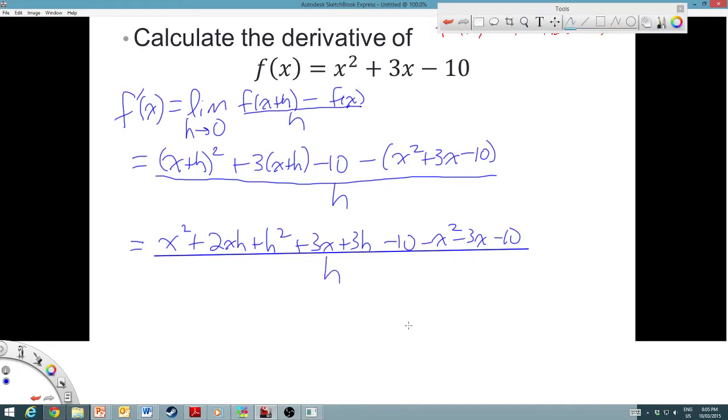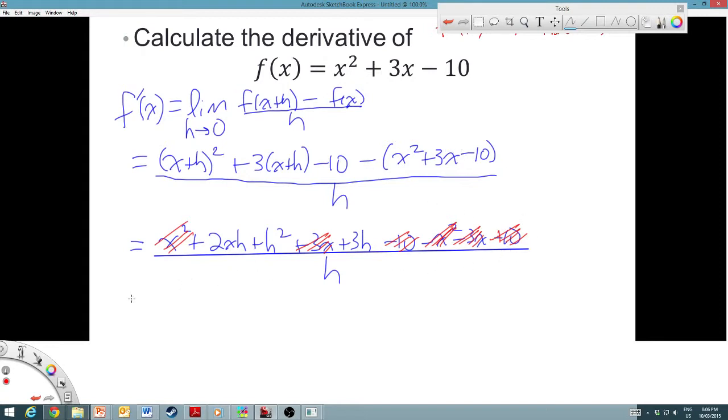A bunch of things should cancel out. For example, this x squared will cancel out that x squared. This plus 3x will cancel out this plus 3x. Oh, and I made a mistake. This should be a plus 10, so it'll cancel out this minus 10. Again, the reason this is a plus 10 is because it's negative times negative.